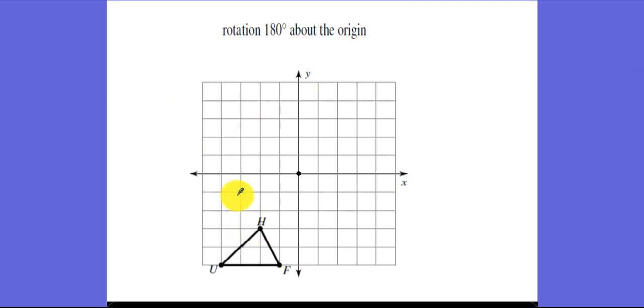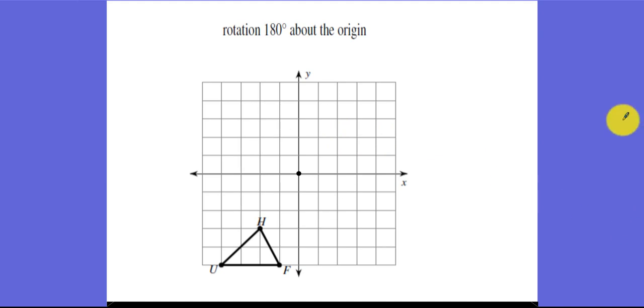If I move clockwise, I have to end up here, quadrant number 1. Now if I move counterclockwise, 1, 2, again you will end up in the first quadrant. It does not really matter if we move clockwise or counterclockwise for a 180 degrees rotation.